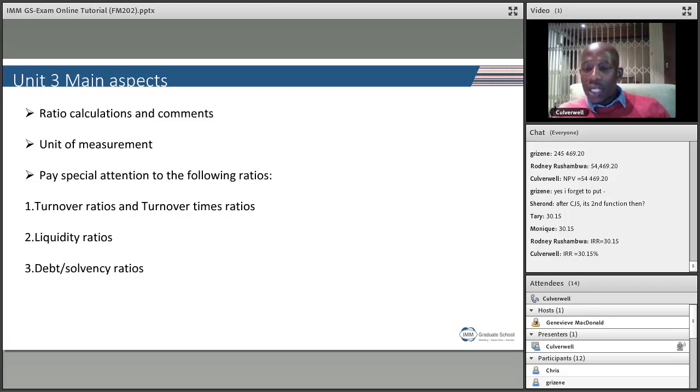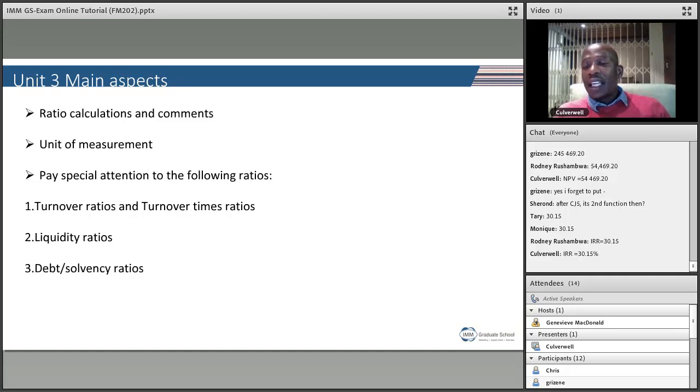So of importance, what components are falling on my numerator and what components are falling on my denominator. And if a ratio has decreased, just for argument's sake, a ratio can decrease because of these possible reasons. So it's either the numerator decreased or the denominator has increased or both of them have shifted in one direction.